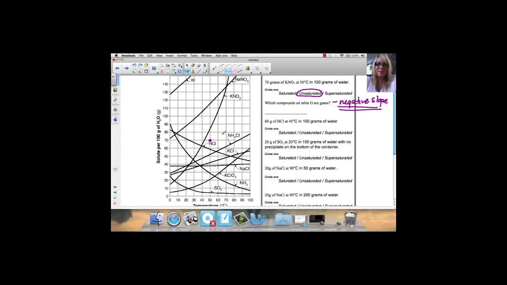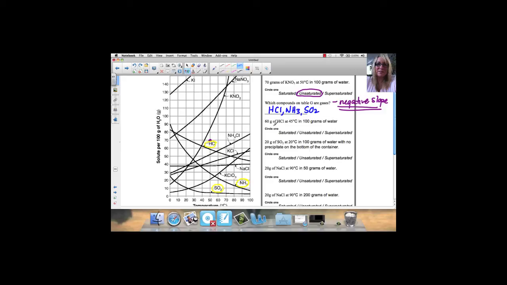We'll circle them. SO2, NH3, and HCl. Those are the 3 with a negative slope. So let's write them in: HCl, NH3, SO2.